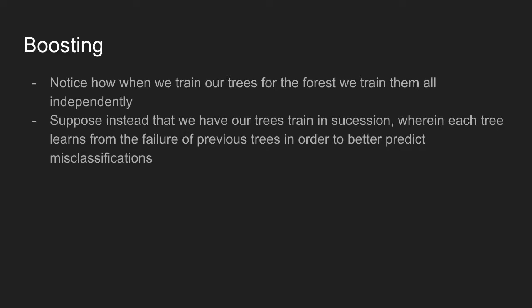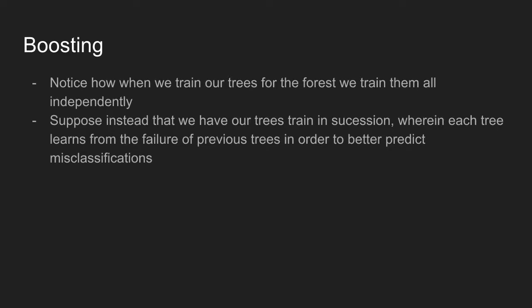So now I want to talk about a slightly different way of training the forest, and that's what's known as boosting. So, before we just bagged our data, gave different features, different data points, and we were just okay, here's however many trees I have, now go train.